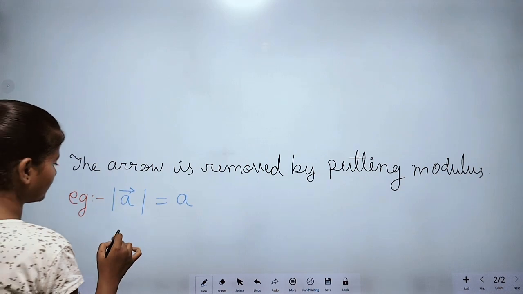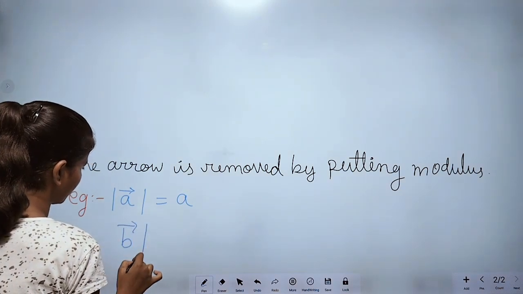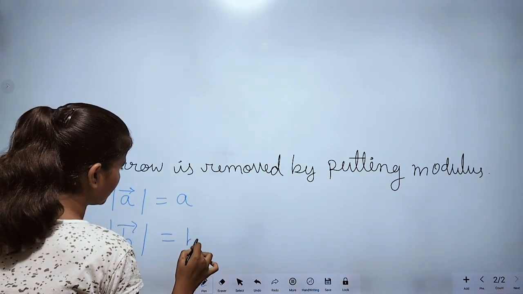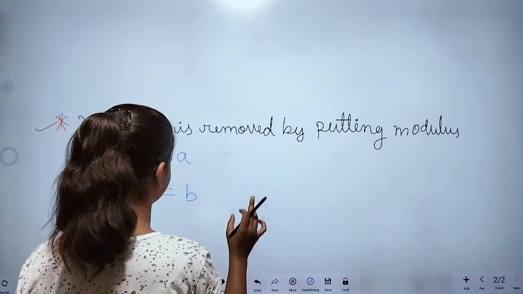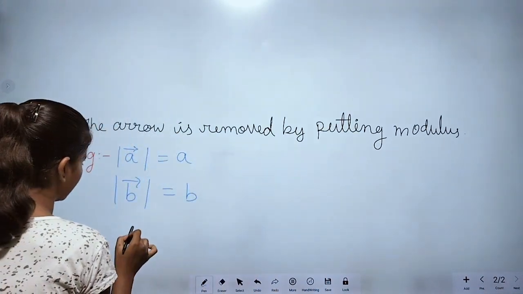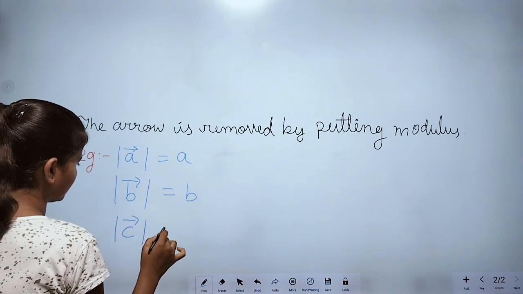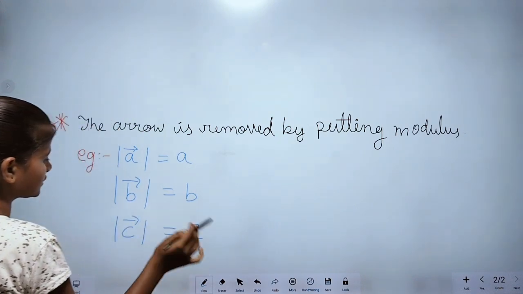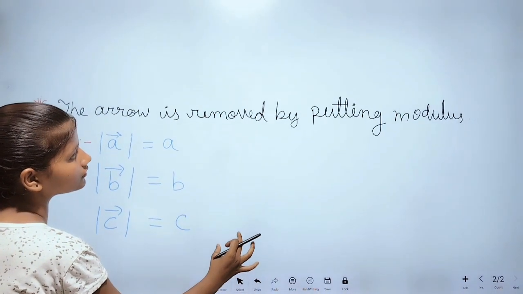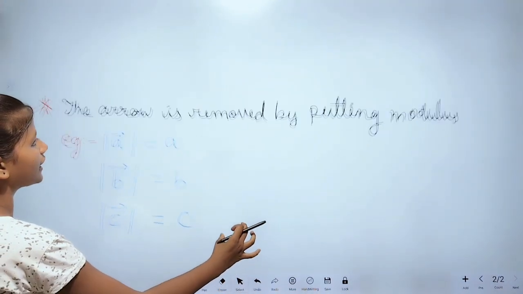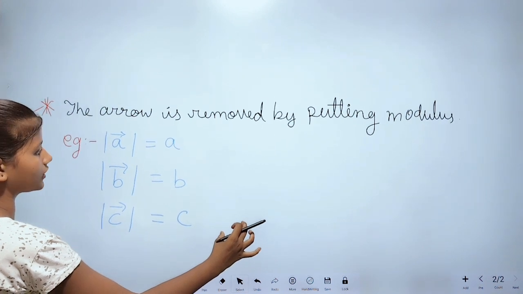B vector, put modulus, then the arrow is removed. There are many examples, like C vector, put modulus, then the arrow is removed. So this is our first point, that the arrow is removed by putting modulus.